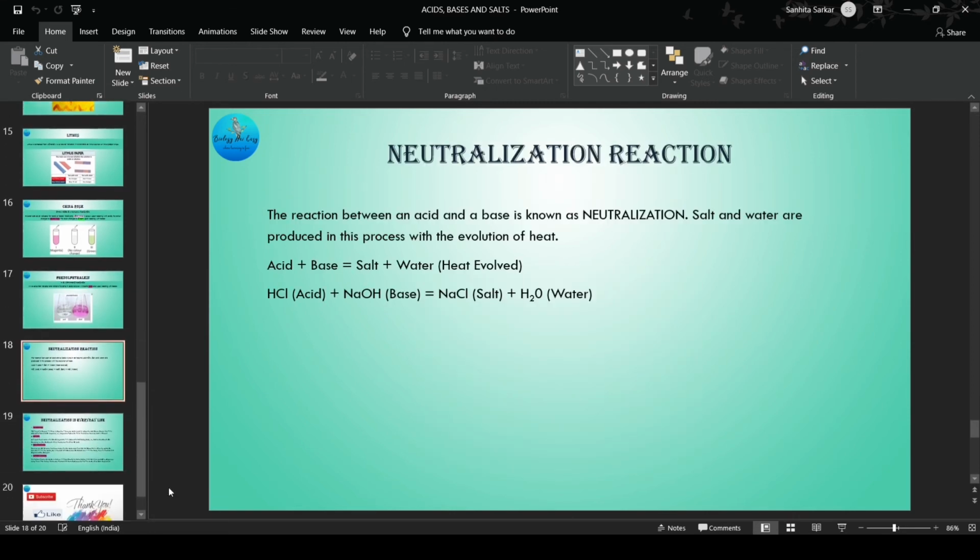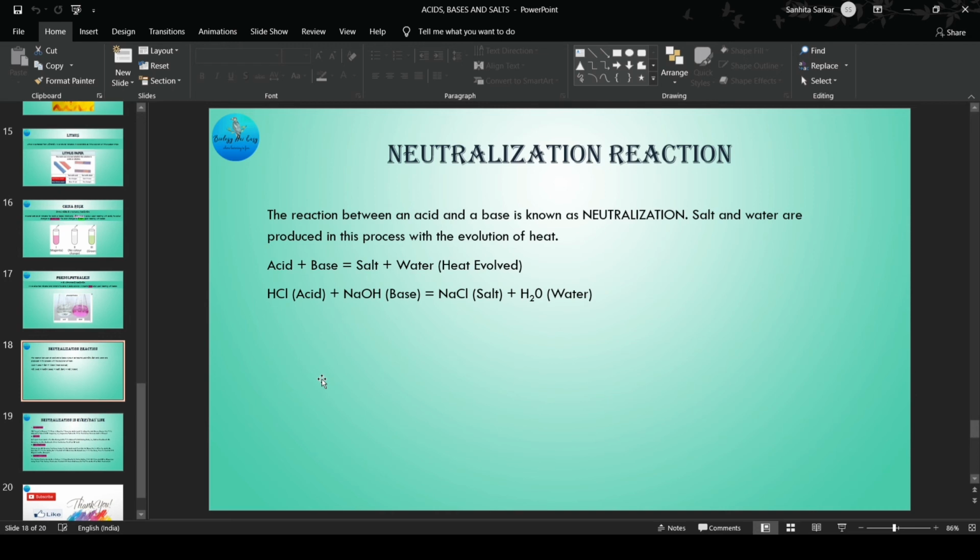Now let's discuss about what? Neutralization reaction. What is neutralization reaction? It is a reaction between acid and base. Upon reacting they form what? Salt and water, and heat is also evolved. As for example, you can see that when HCl, that is hydrochloric acid, reacts with NaOH, that is sodium hydroxide, which is a base, it produces a salt called sodium chloride, that is NaCl, and water H2O with the evolution of heat.